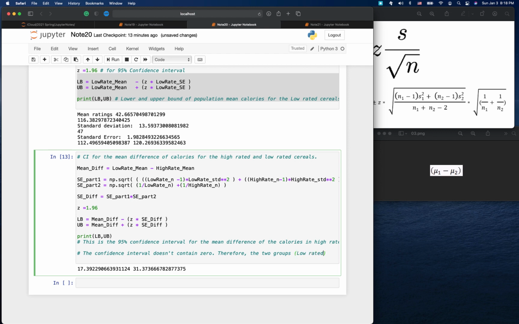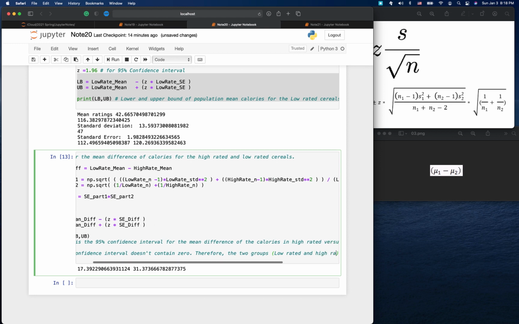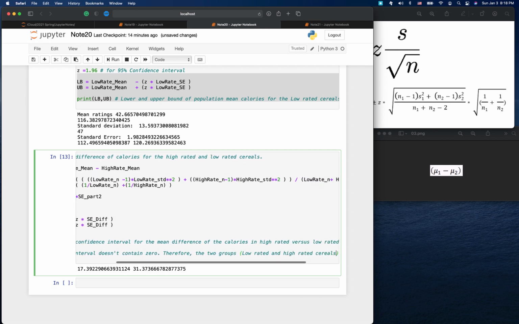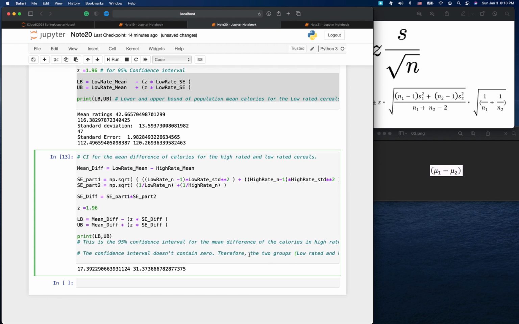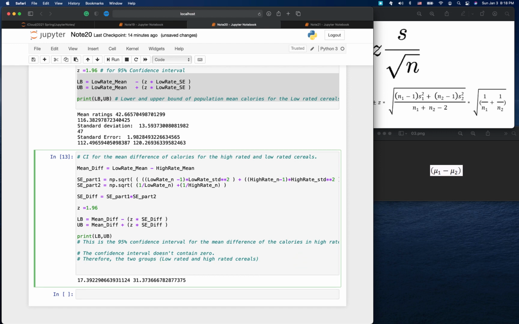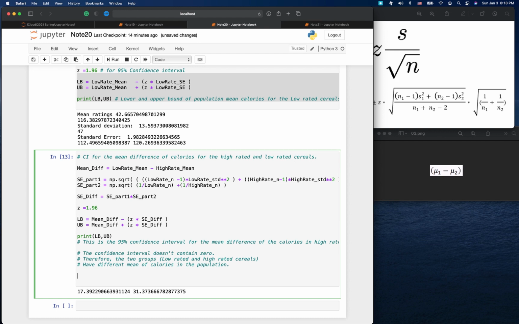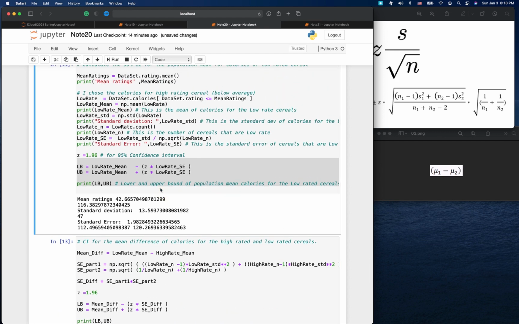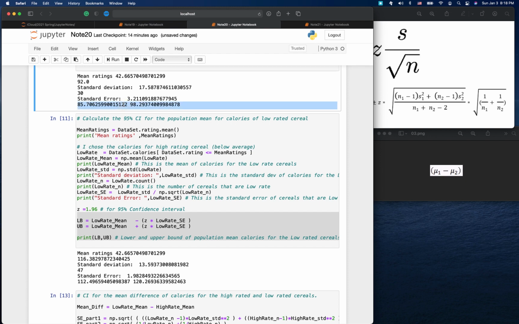Low rated and high rated cereals have different mean calories in the population. Okay, so I hope this makes sense, because we saw how the confidence intervals for the low rated and the high rated cereal were different.